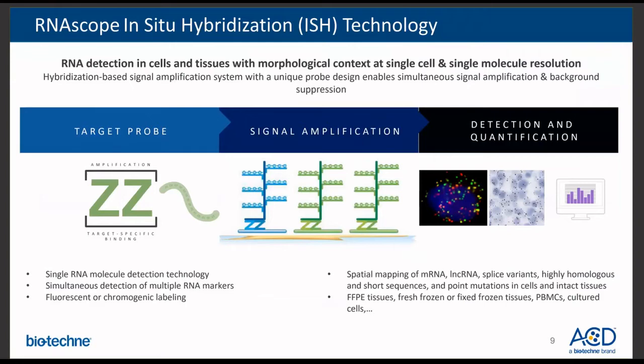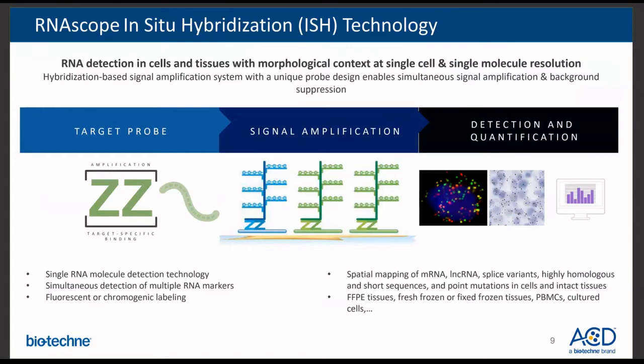This is, moving from left to right, the signal amplification part. And then lastly, visualization of that signal in representation of punctate dots, which are our RNA transcripts or our RNA molecules.